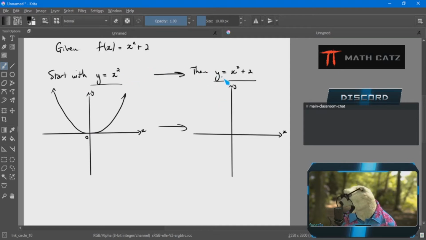Because I added 2 to the right-hand side of the original, that means the parabola is, oops, a little wobbly, is shifted up by, whoa, see the left-hand side, it's a disaster. Now it's on video and I'll never live this down. I try and make it go a little bit slower, but it's at least the right curvature, by 2 units.